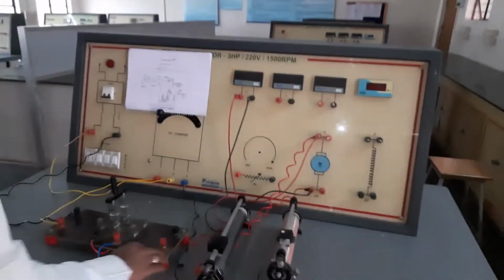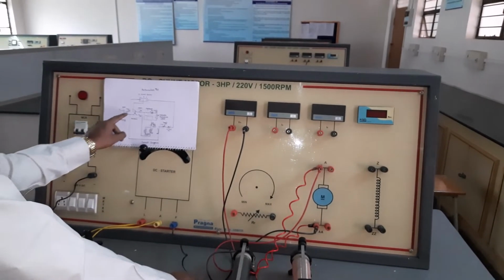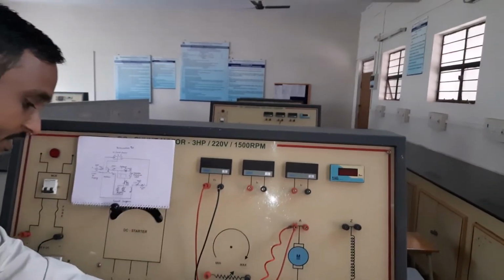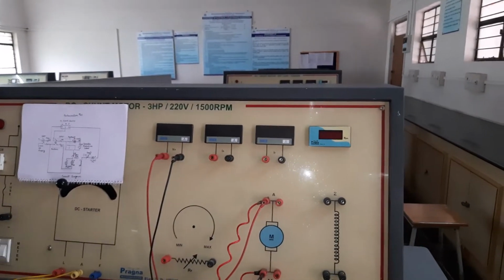Now we need to connect the field connection. From the field F point, it goes to the ammeter or rheostat, whatever it may be.